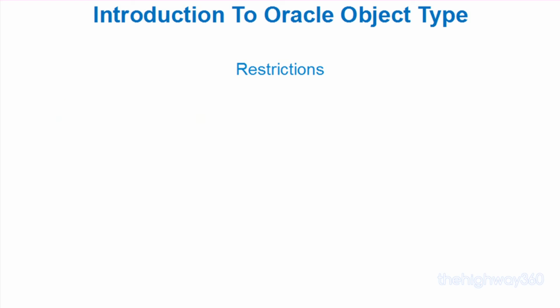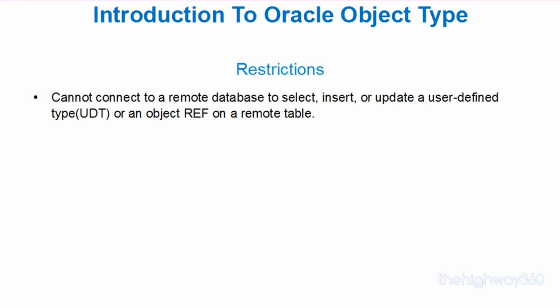And finally, we're going to touch on the restrictions on the object type. The first one is you cannot connect to the remote database to use a select or update on a user-defined type, which means object type in this case, or use a remote table which has a reference to the object.